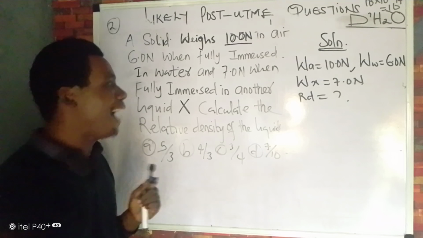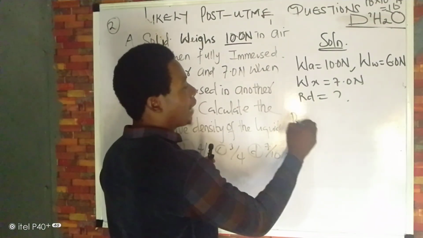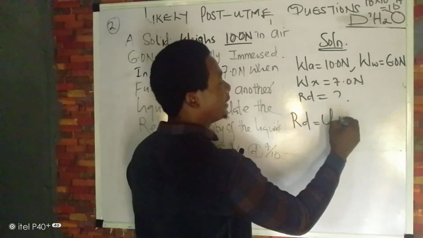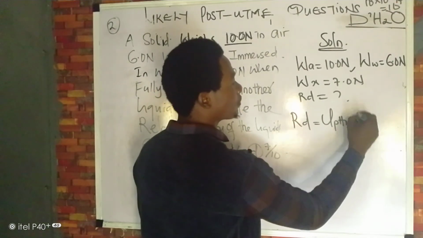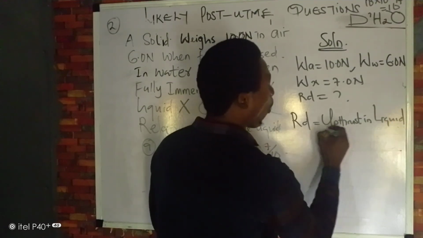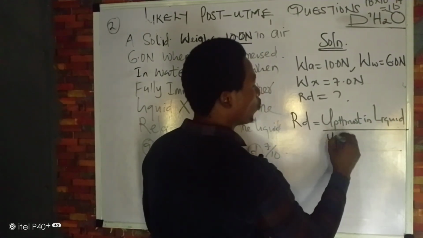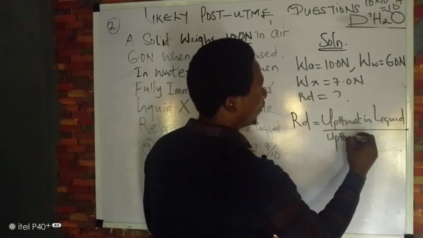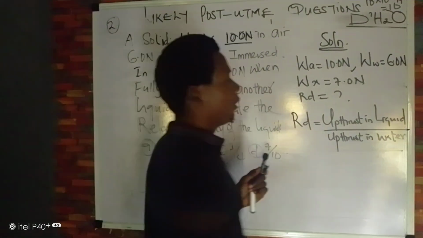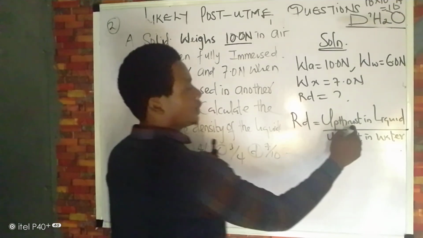Very easy. How do you solve it? Remember that relative density is equal to upthrust in the liquid over upthrust in water. You must note this down. Now, what does upthrust in the liquid mean?